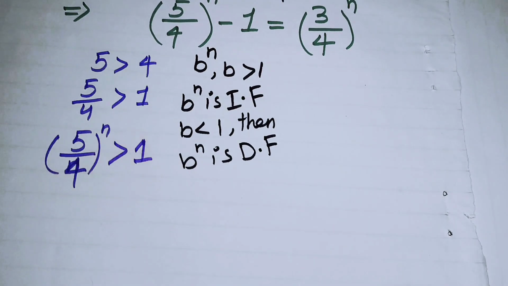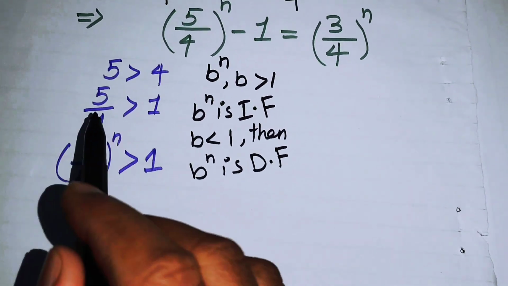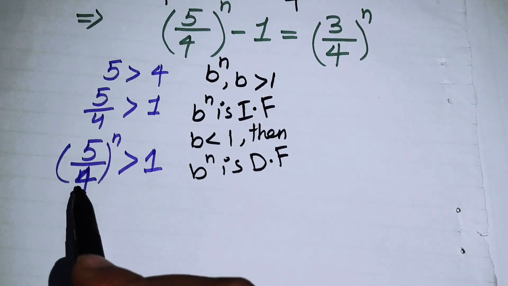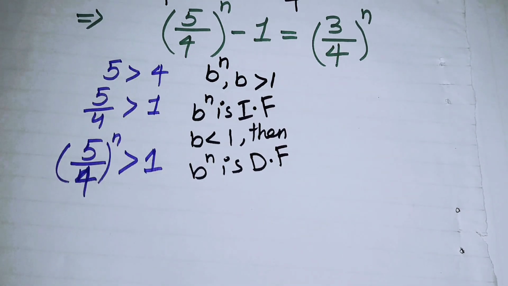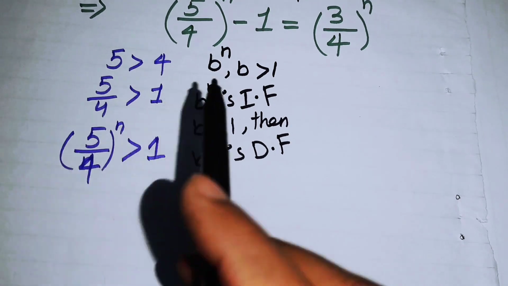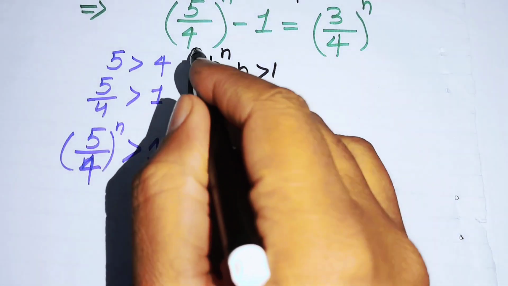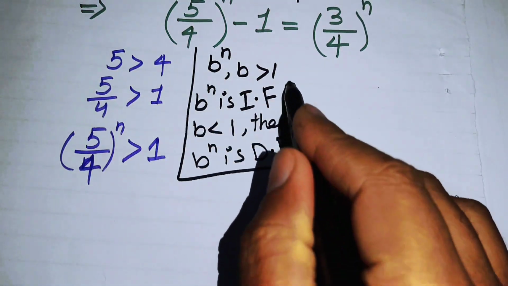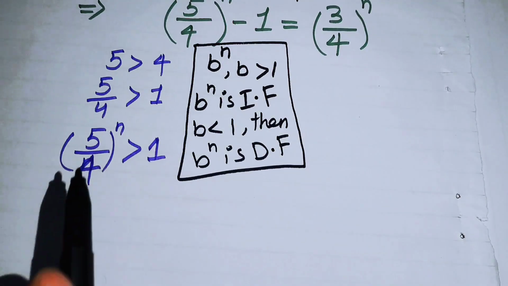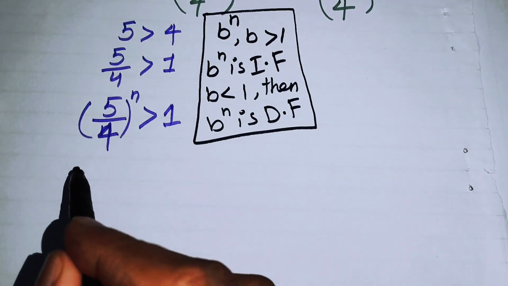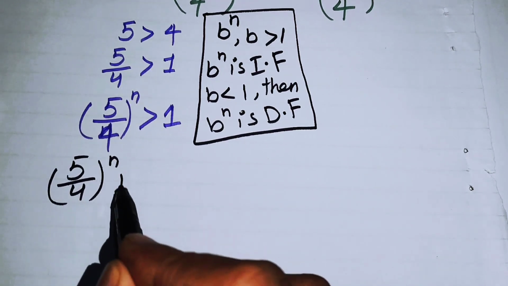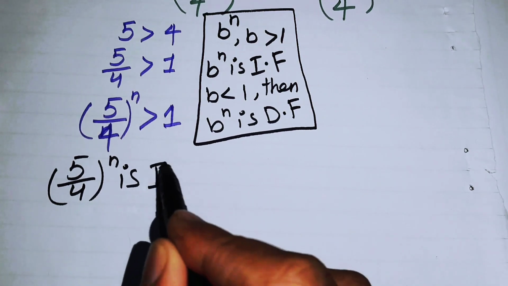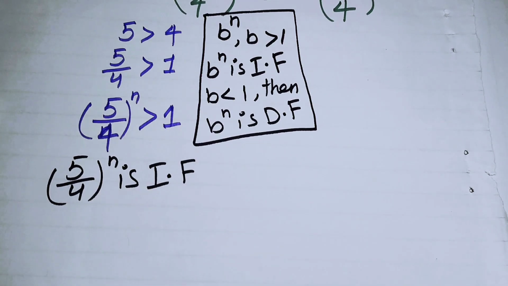So this is the nice fact we will use here, and you see that our base is 5 over 4, and if our base is greater than 1, then we call this function an increasing function. So according to this fact we say that 5 over 4 and its whole power n is an increasing function.